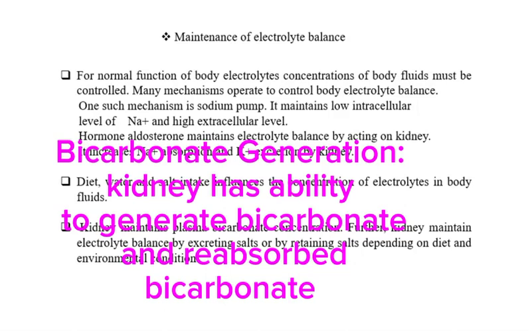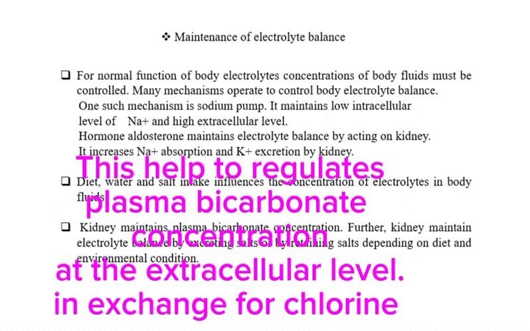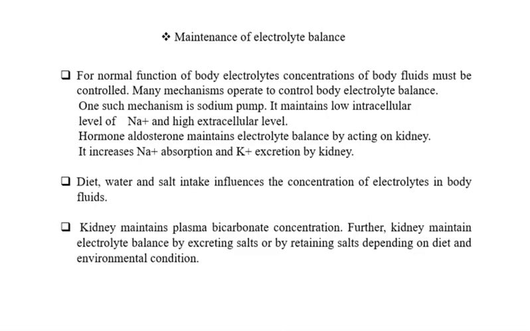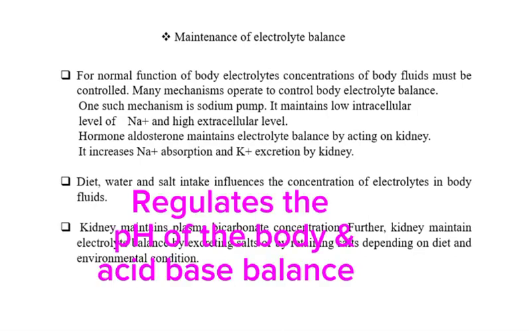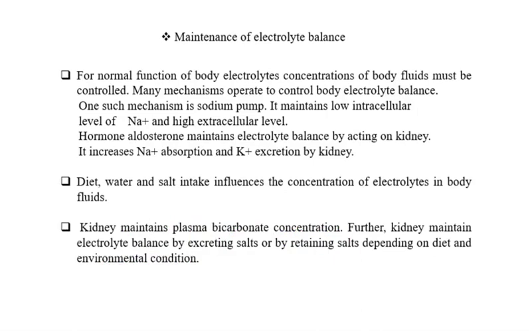So when there is a filter from the blood into the glomerular filtrate, the bicarbonate that is filtered from the blood is reabsorbed back into the kidney, while the chlorine will be excreted. So reabsorption of bicarbonate ions is in exchange for chlorine, and this reabsorption is possible to regulate the pH of the body.